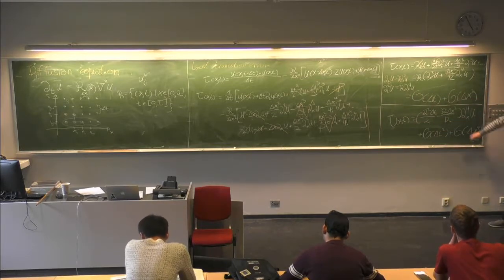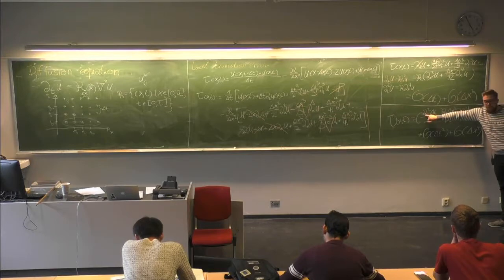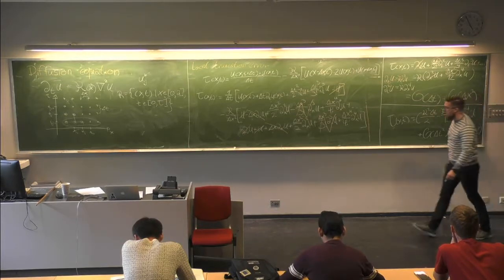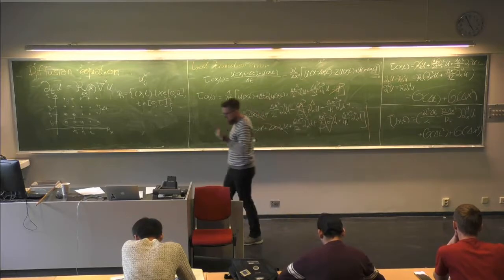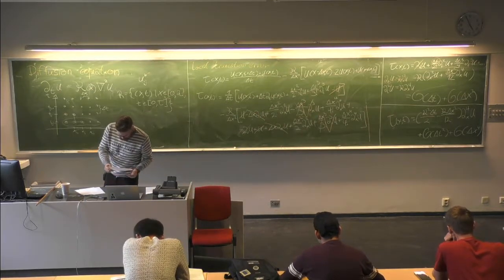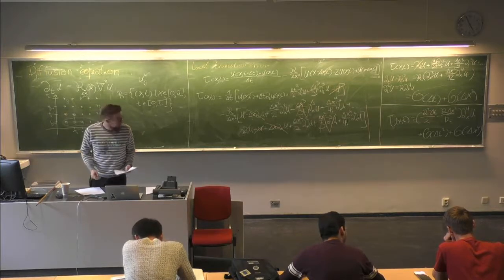But if this kappa is constant, we can pick the delta x and delta t such that these two cancel, and we get increased accuracy. But that's more of a side note.